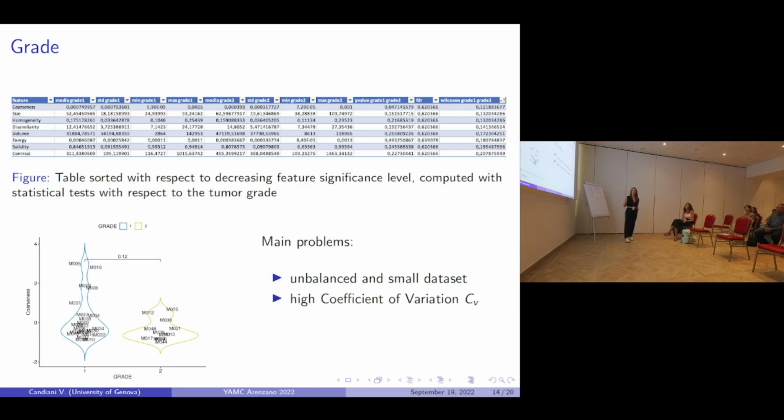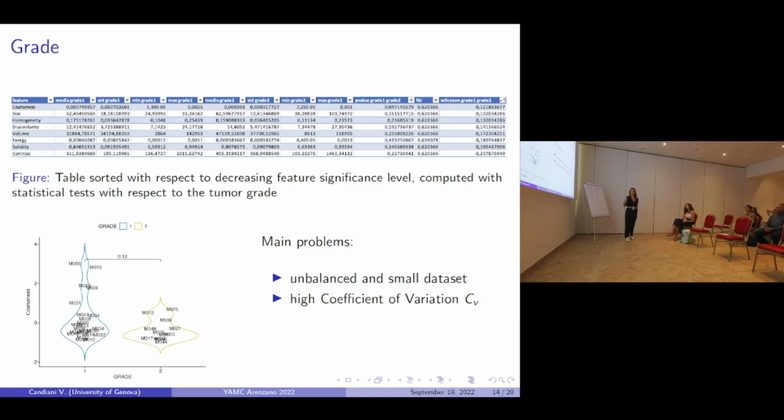But if we look at the violin plot of this feature, one can notice that it's not absolutely informative, because once again, the best case scenario would be to have, let's say, the grade 2 violin plot at the bottom of the graph, and then the other one really at the top of the graph, so that the means are clearly different and the classification has some sort of meaning. Well, we're still waiting for new data to come, and we're also doing some tests to see whether there are some problems.